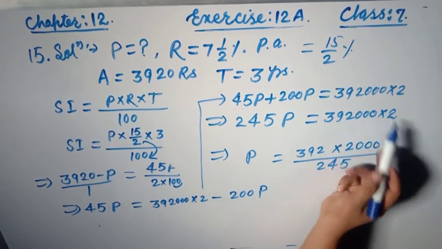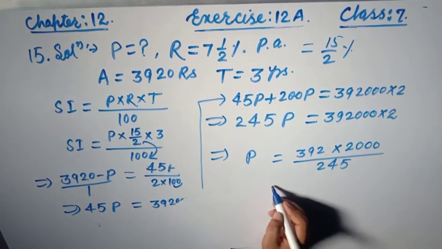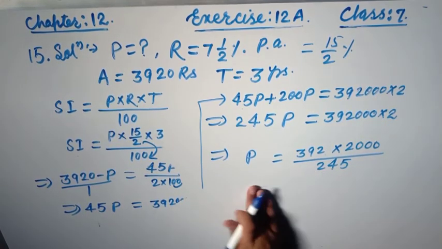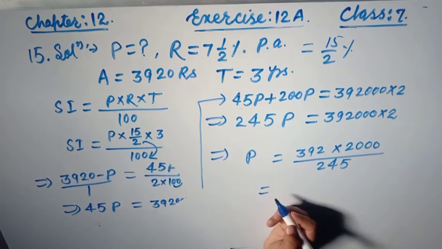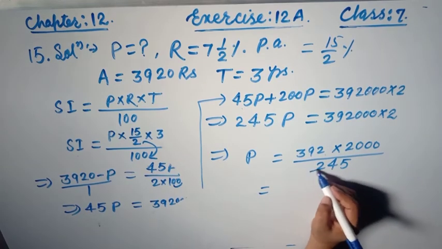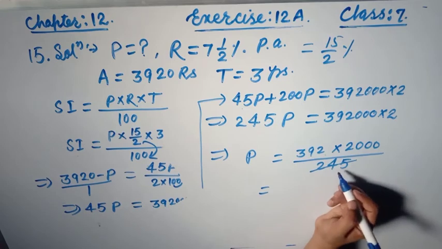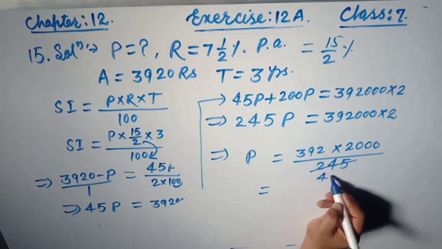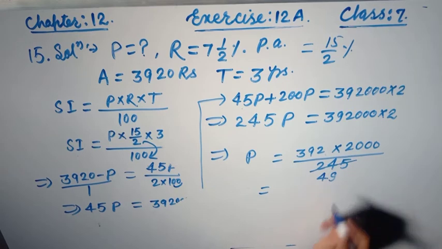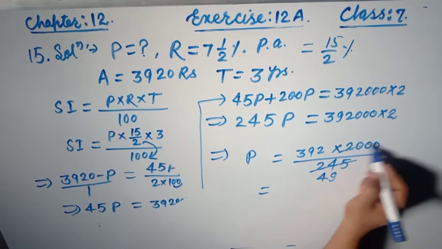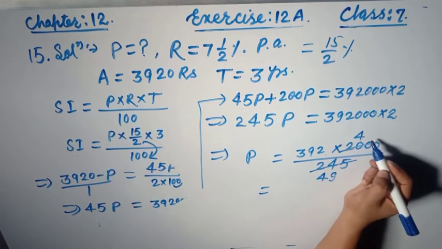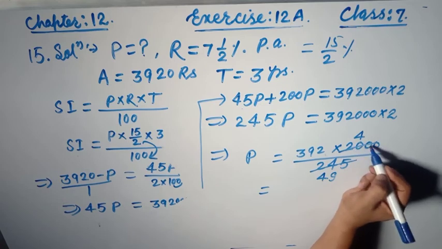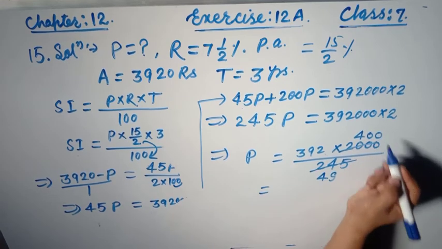Now see, 5 will get cancelled. 5 4s are 20 and 5 9s are 45. So here, friends, 5 4s are 20.